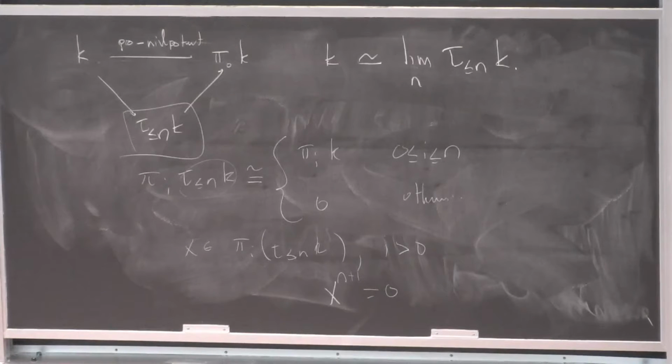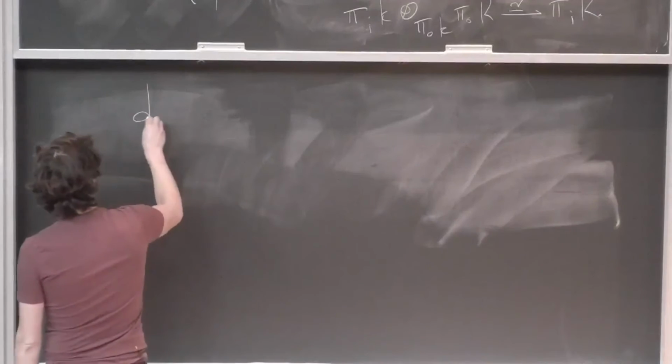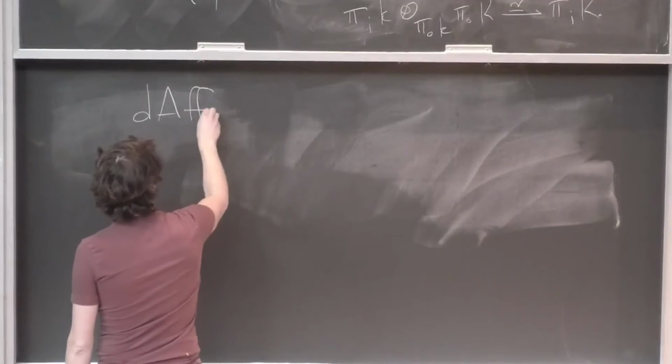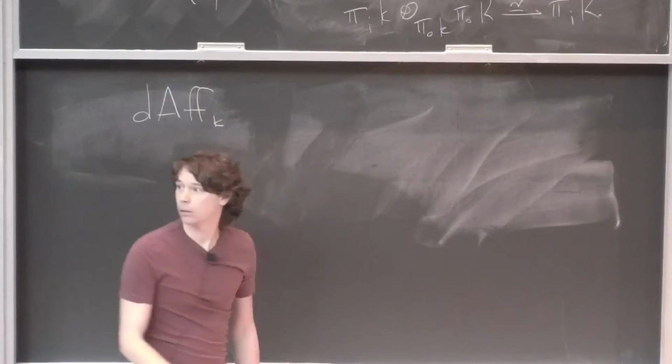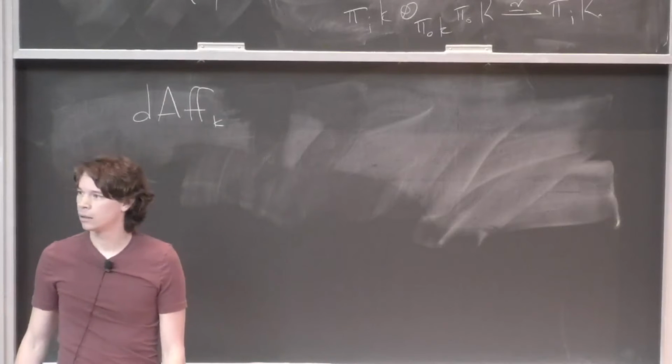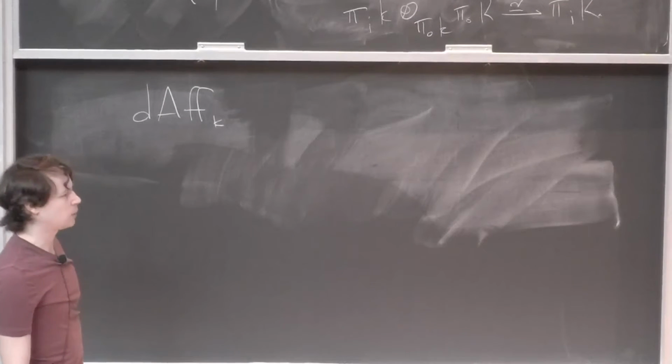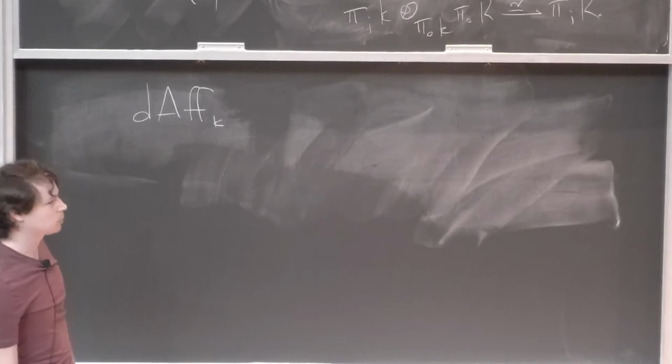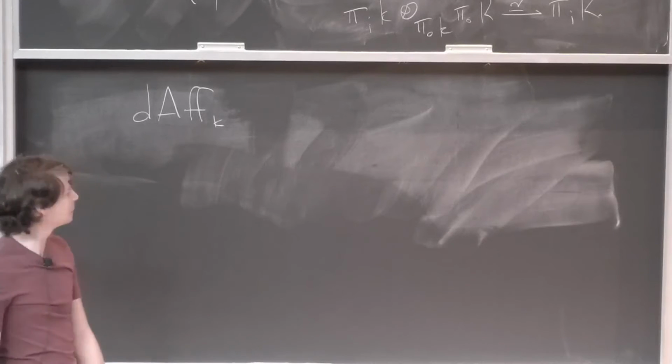Okay, so it's time to do some derived algebraic geometry. We have this notion of, what? I was going to try this. I was motivated by Carl's talk, and we'll see how it goes.